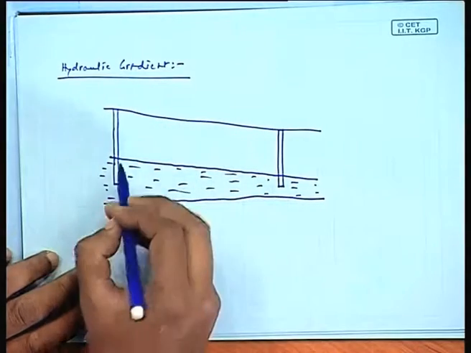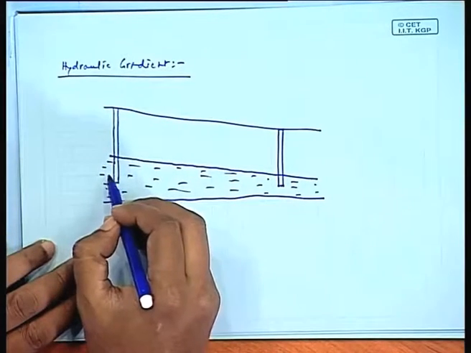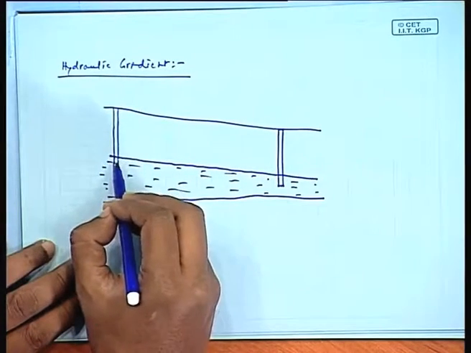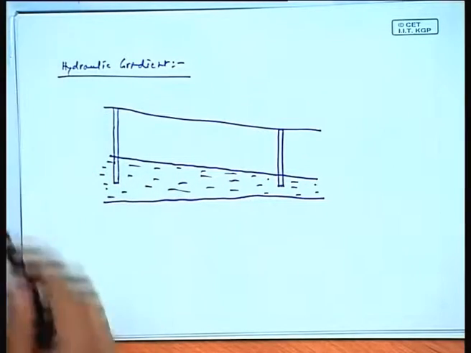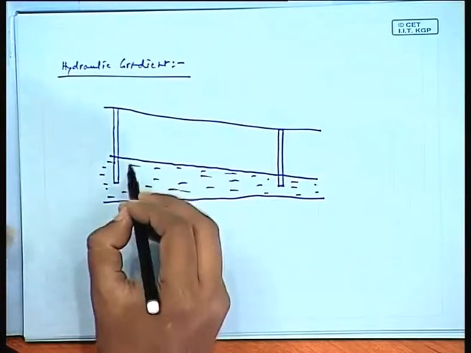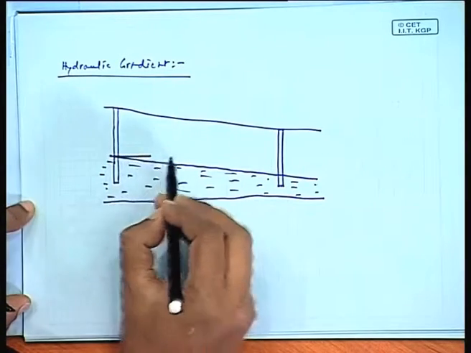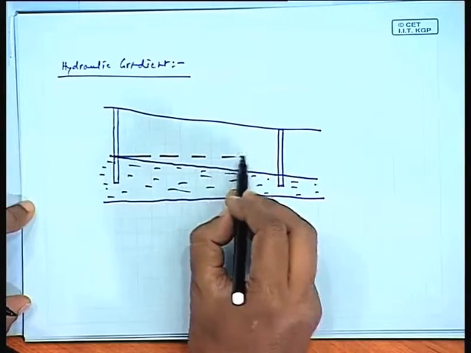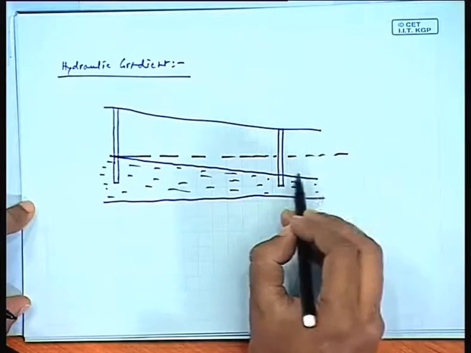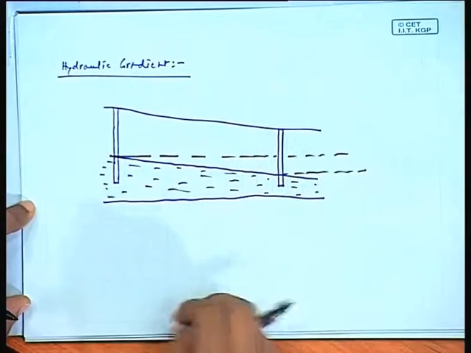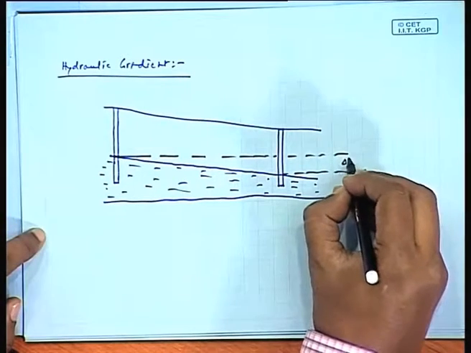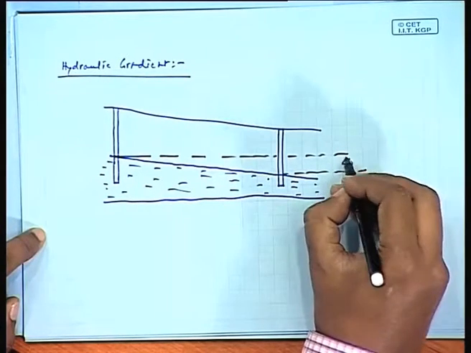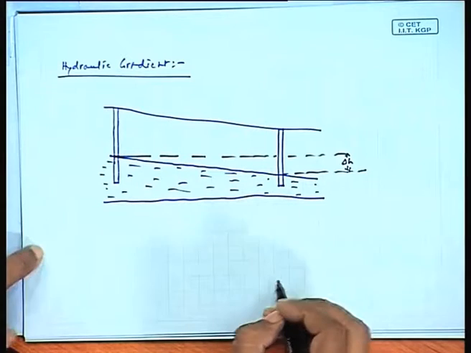As you can observe in this diagram itself, if you make a difference in this, this is del H, the difference of head.